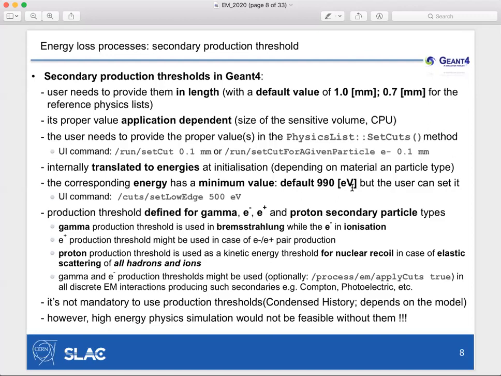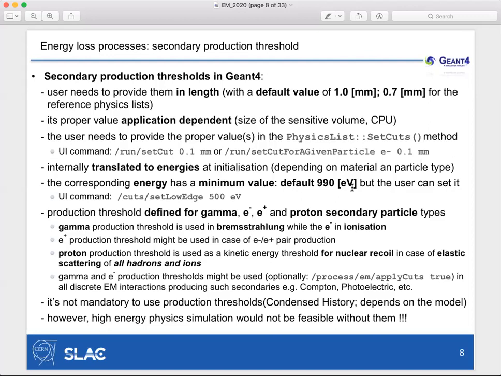The interaction is invoked. The secondary electron, in case of Compton, is produced. But if you turn on this apply cut flag, then we just take the secondary electron and immediately deposit the energy. While in case of ionization, the primary electron is not even stopped to produce that secondary electron.